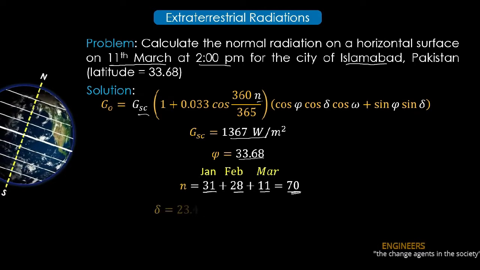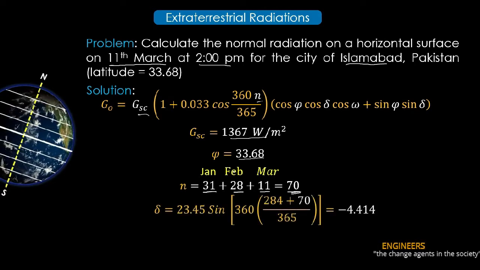Now we can calculate the declination, the tilt of the earth on 11th March. To calculate, we use this expression, and in this expression we use the value of n. So we calculate the declination, that is minus 4.414.